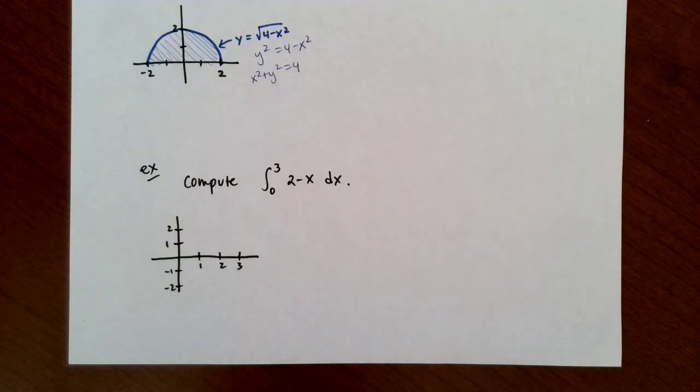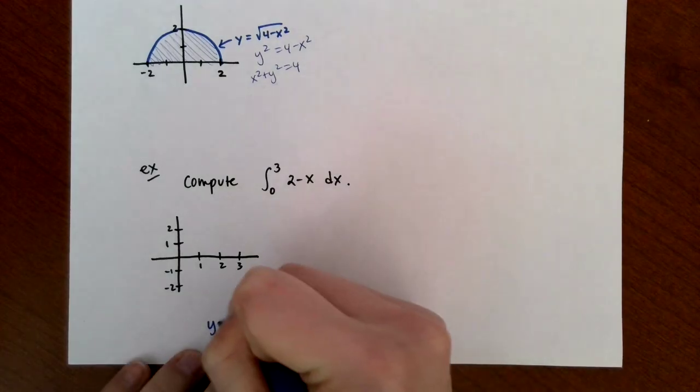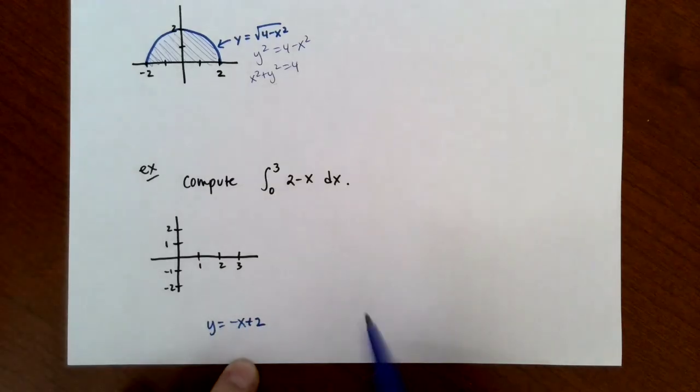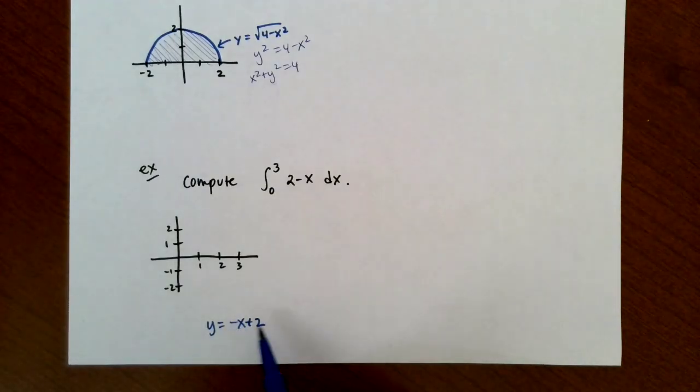So let's do that first. 2 minus x is y equals -x plus 2. If we see it in that order where we just switch the 2 and the -x, we can see it's a straight line with y-intercept at 2 and slope -1. And the fact that it's a straight line means if you can plot any 2 points that are on it, just connect them with a straight line and you're good.